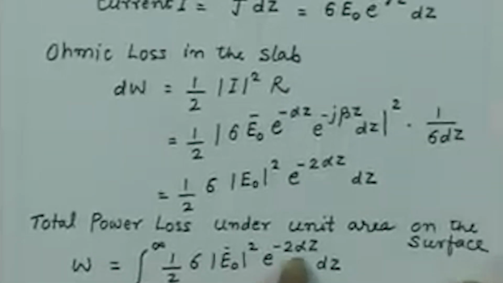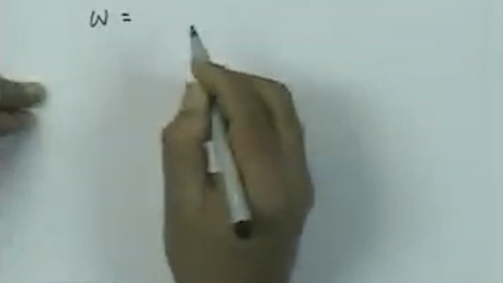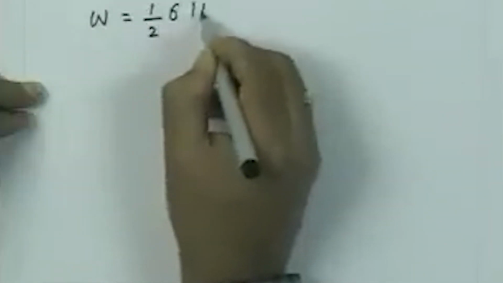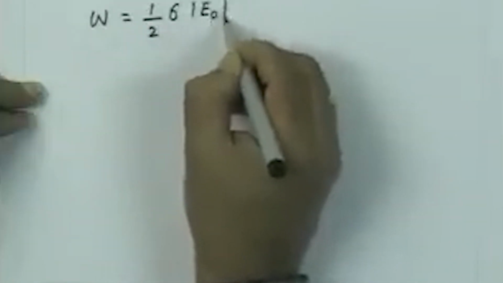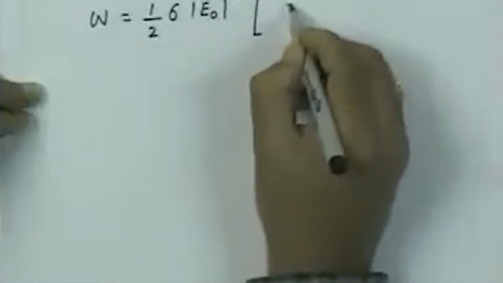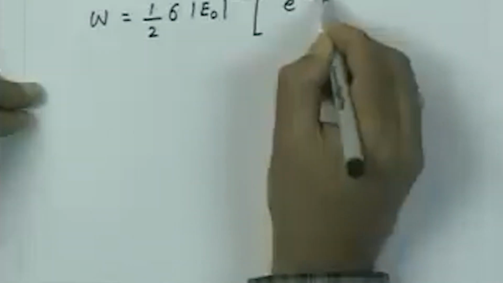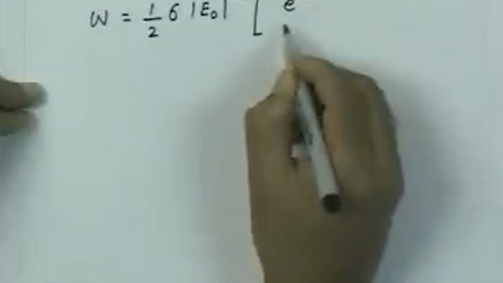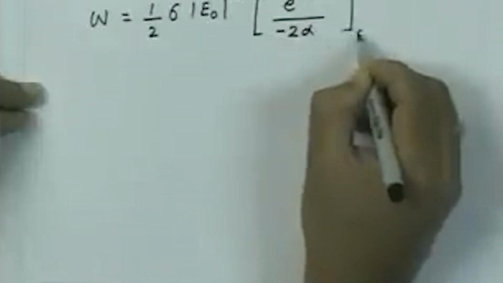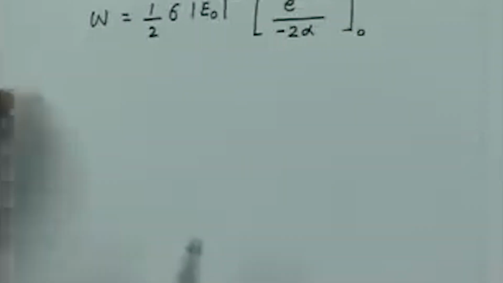This integral again is very simple, the alpha is a positive quantity. So the total power loss is half sigma mod E 0 square, e to the power minus 2 alpha z upon minus 2 alpha, from 0 to infinity.